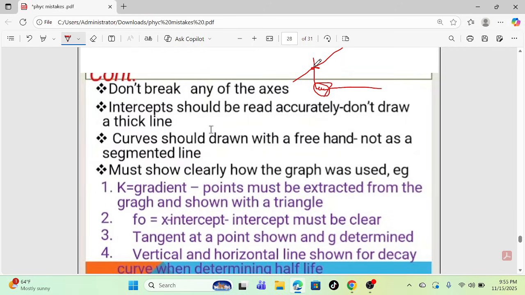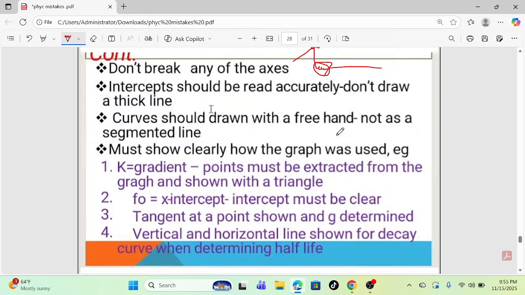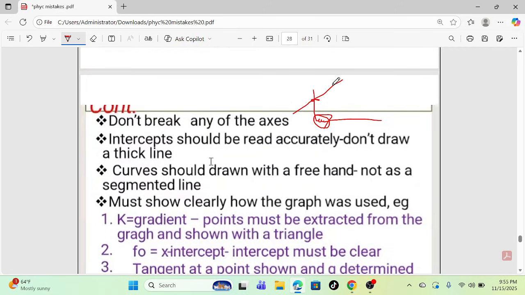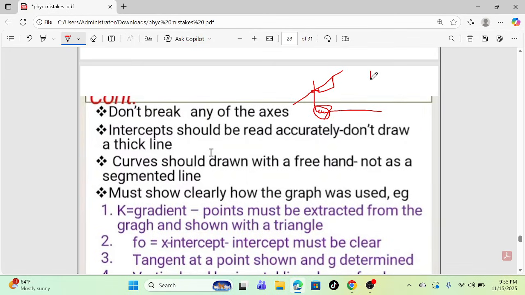Must show clearly how the graph was used, e.g. gradient. If there is a gradient, you just use that triangle. Unless it is a curve. If the graph is a curve, we draw a tangent at the point.